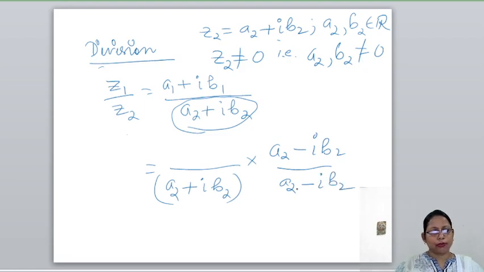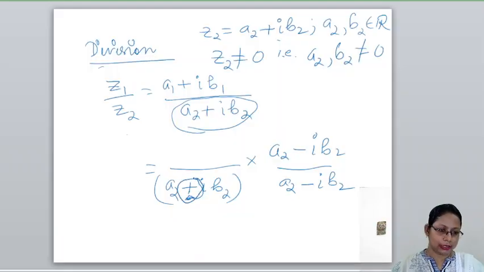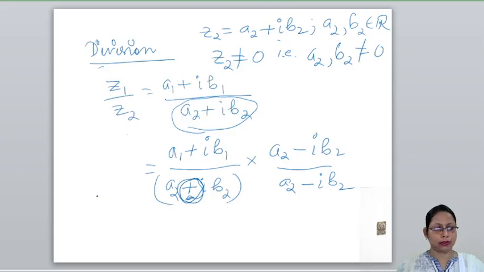Later on, I will define the conjugate, what is conjugate and modulus. This one is actually the conjugate of this one. But here, to make this free of i, always multiply by the opposite sign of whatever sign is here. So this will be a1 plus i b1.